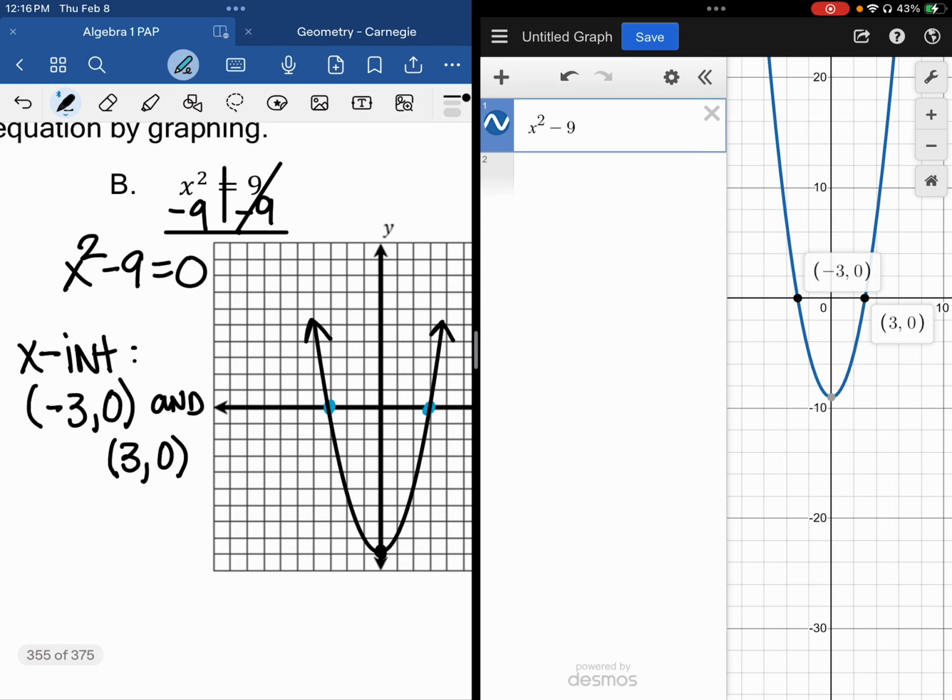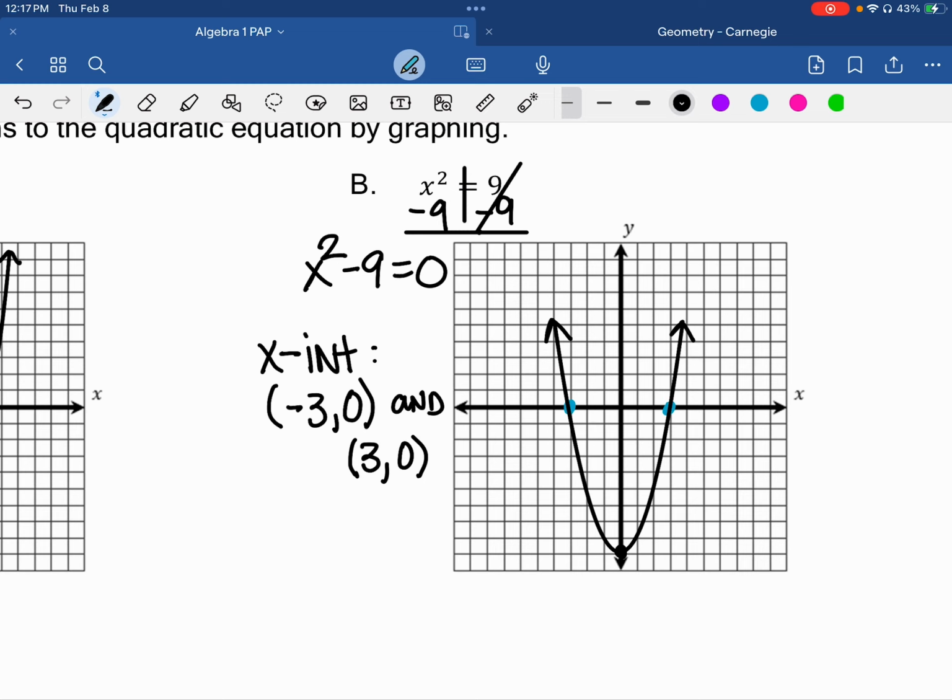So this is why we would want to make sure that we do have that vertex, which is also our y-intercept, graphed as well. This is going to ensure that any graphing system or graphing software is going to graph properly for us. All right, let's go back to our assignment and our solutions then, because that's what this question is asking for.